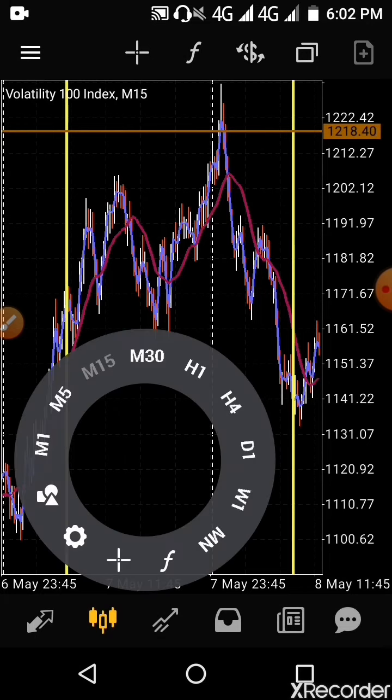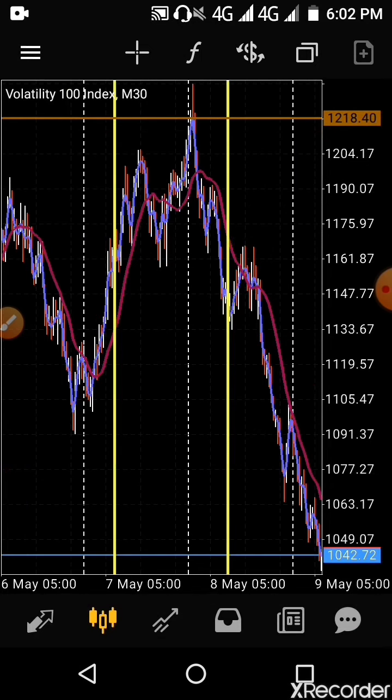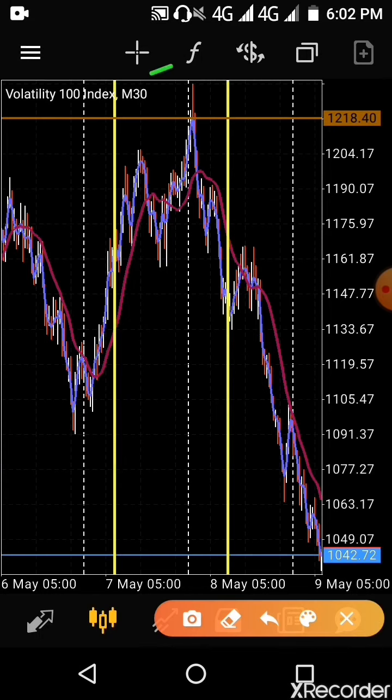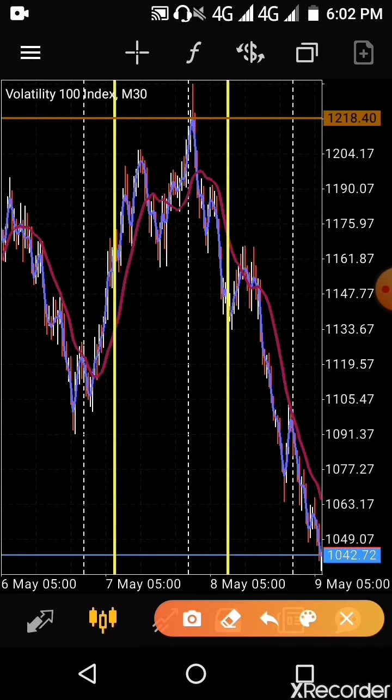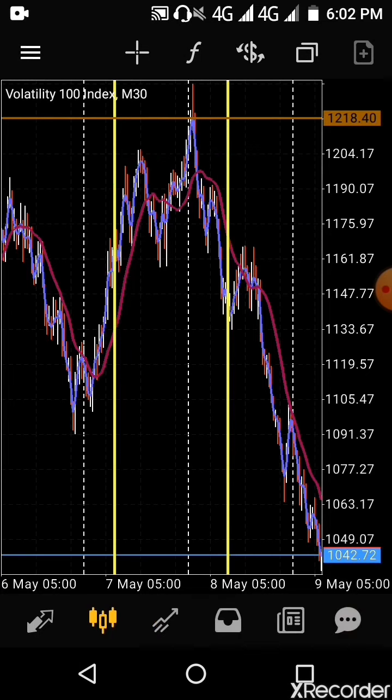Let's go to the 30 minutes time frame, and you realize that on the 30 minutes time frame, in the same region where we have the yellow line, there is an M forming over there also. So this has given you a confirmation that this is going to be an M pattern.